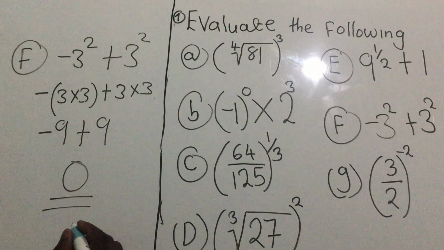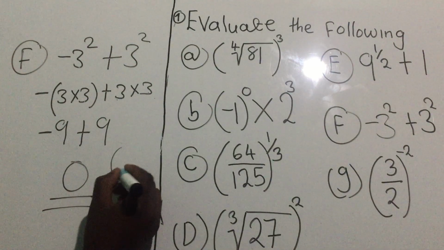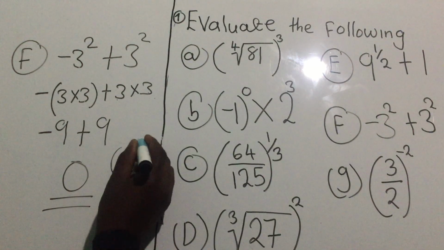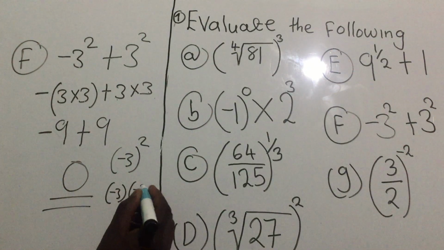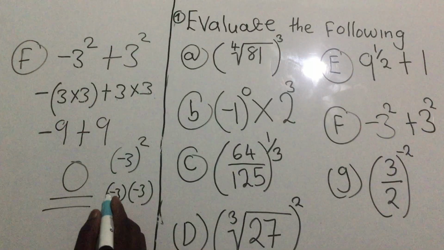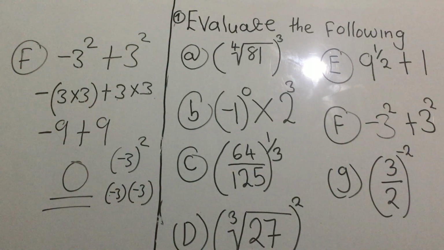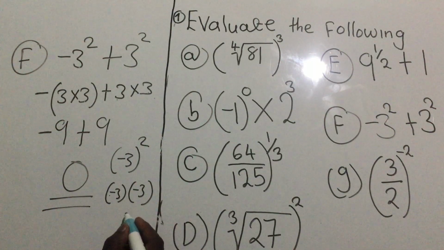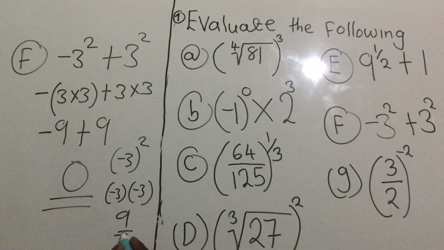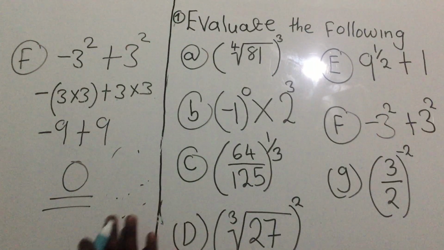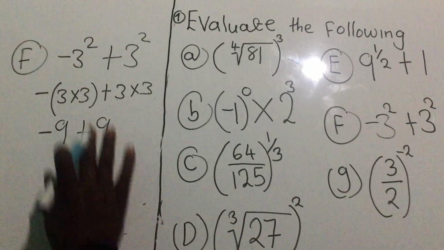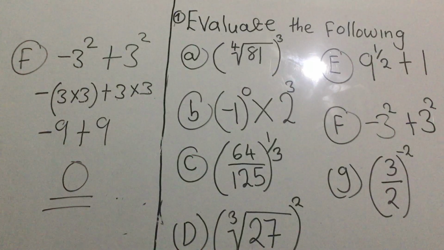Only if it was like this, then it means you are multiplying it like -3 times -3. Then negative times negative, it's what? Positive. 3 times 3, you know that it's positive 9. But now, in this case, the negative was outside. It was not inside the bracket. So the negative has to be there.